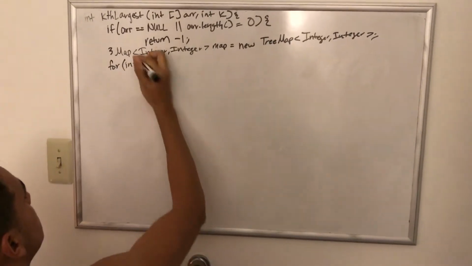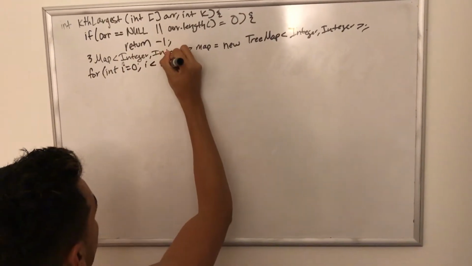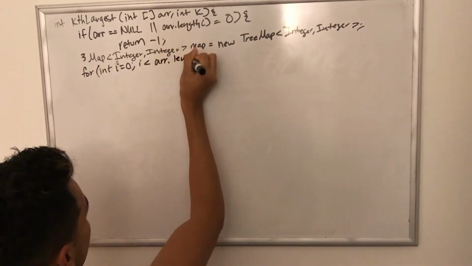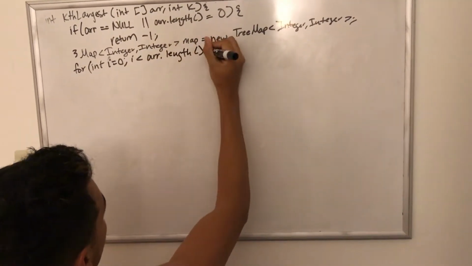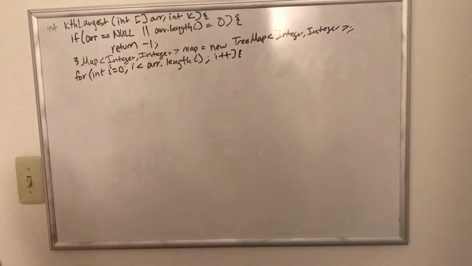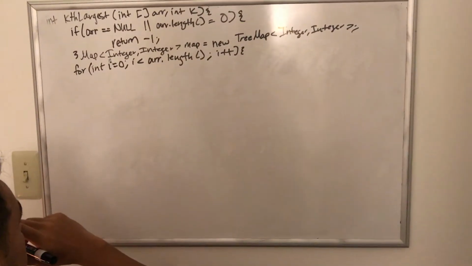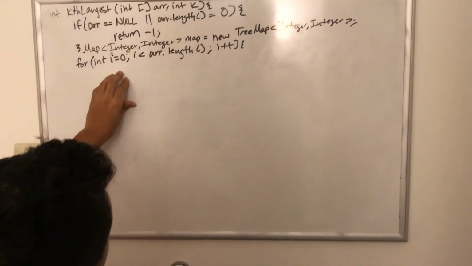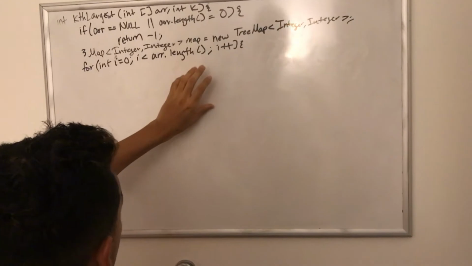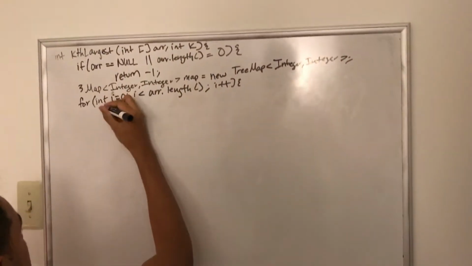So basically int i equals 0, i is less than array.length, and then i++, and then I would do the storage part. My first step is to check if that value has already been accounted for, and if so, increment the number of occurrences that value maps to.